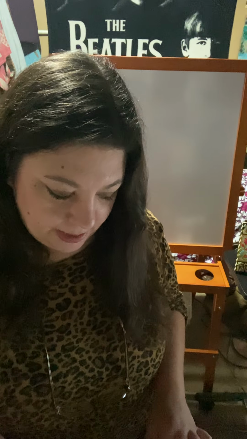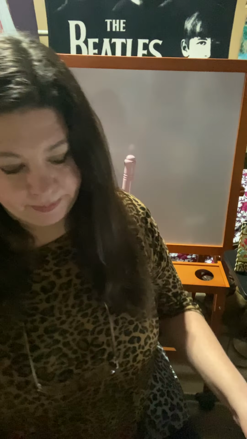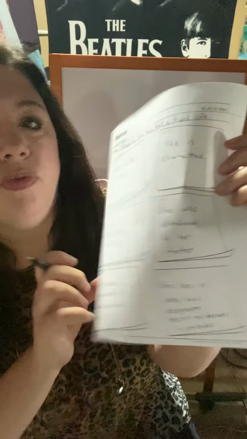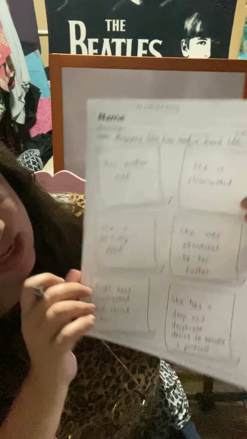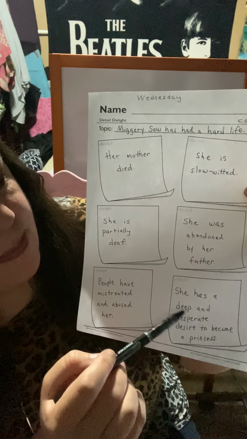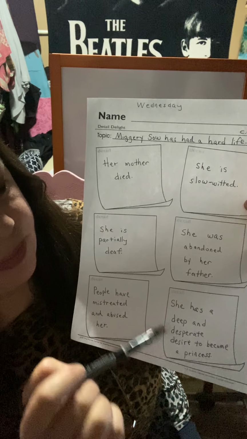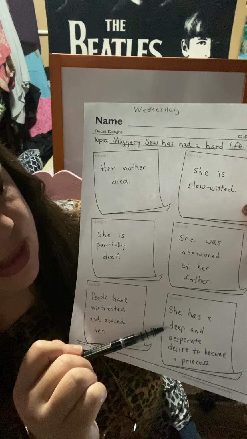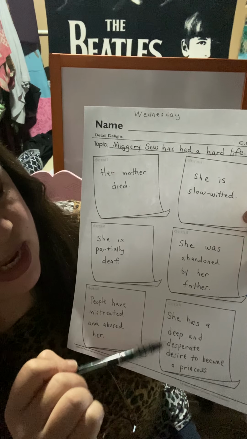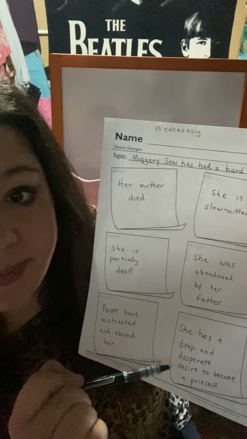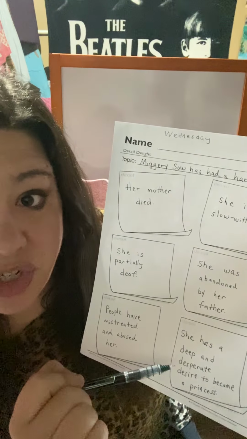And I want to show you something I did there with that sentence. I used three different words that start with the letter D. She has a deep and desperate desire to become a princess. Using the same letter to start several words in the same sentence is called an alliteration.